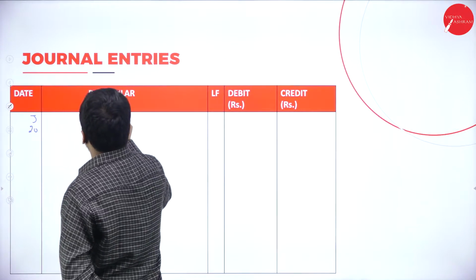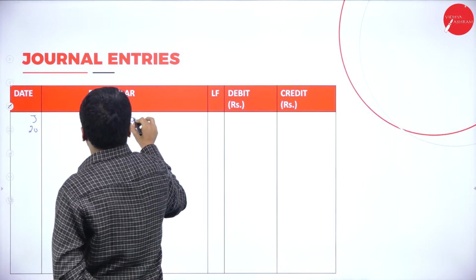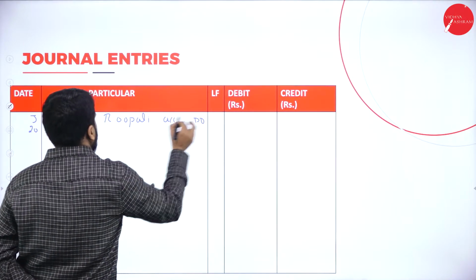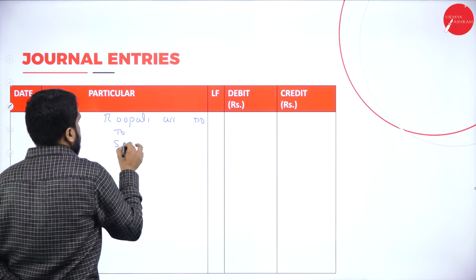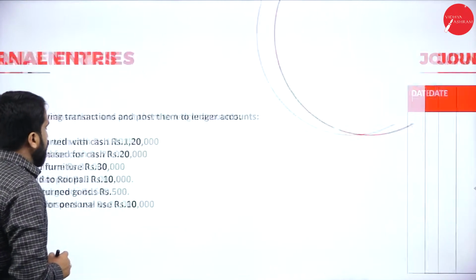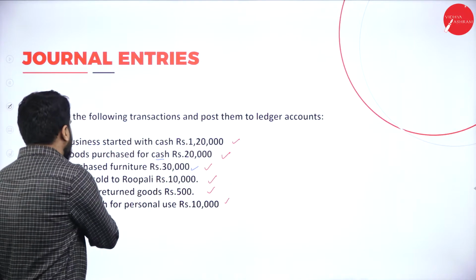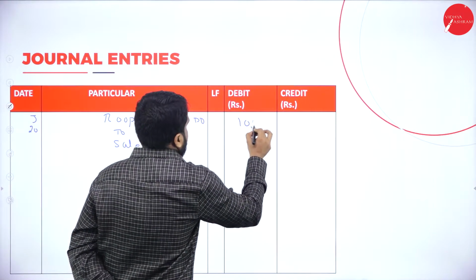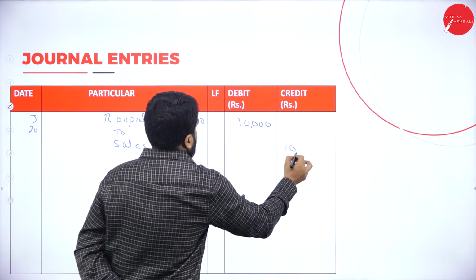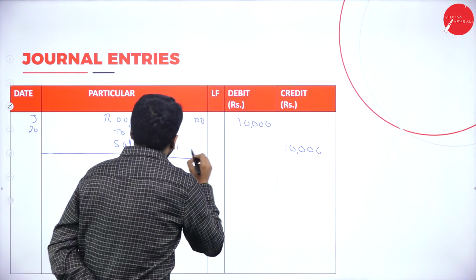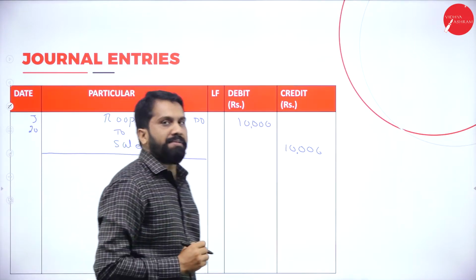So, it is nothing but Rupali account debtor to sales account. What is the amount? The amount is 10,000. Amount is 10,000 as well as 10,000. So close this.